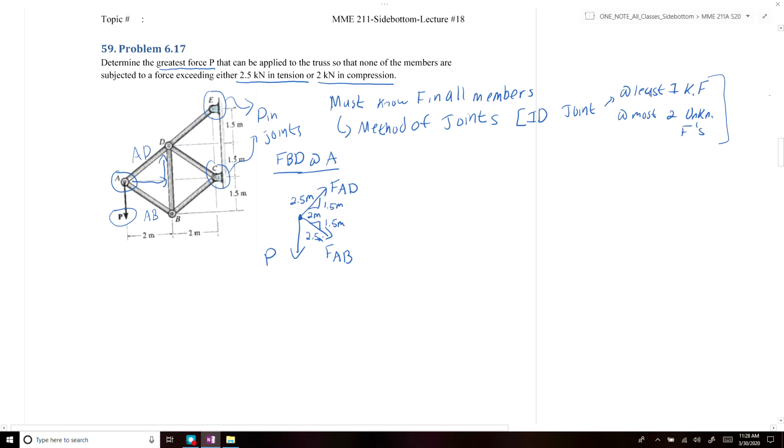So what we can now do is use the equilibrium equations to solve for these two unknown forces, FAD and FAB, all in terms of P. The goal of the problem here is we want to determine the force within each member in terms of P, or in terms of the applied force.